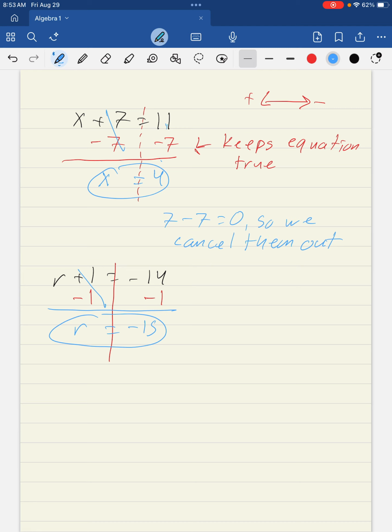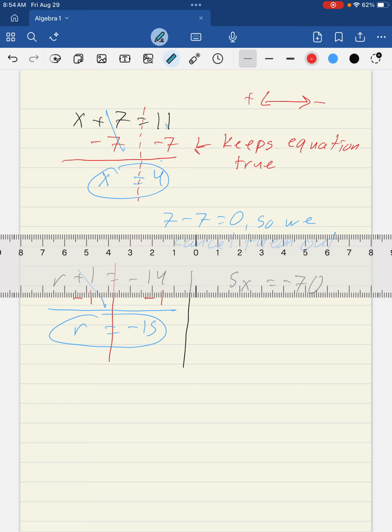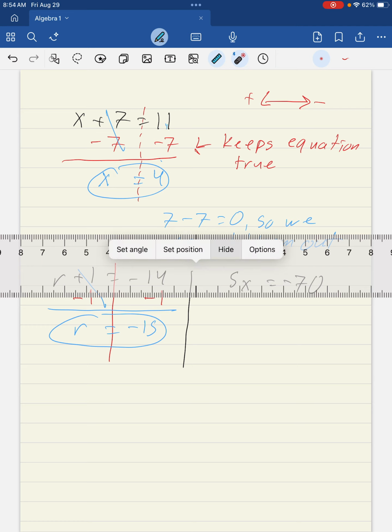What if I was to do this one? Let's do a few more. 5x equals negative 70. Well, we have to remember what operation is going on in between.